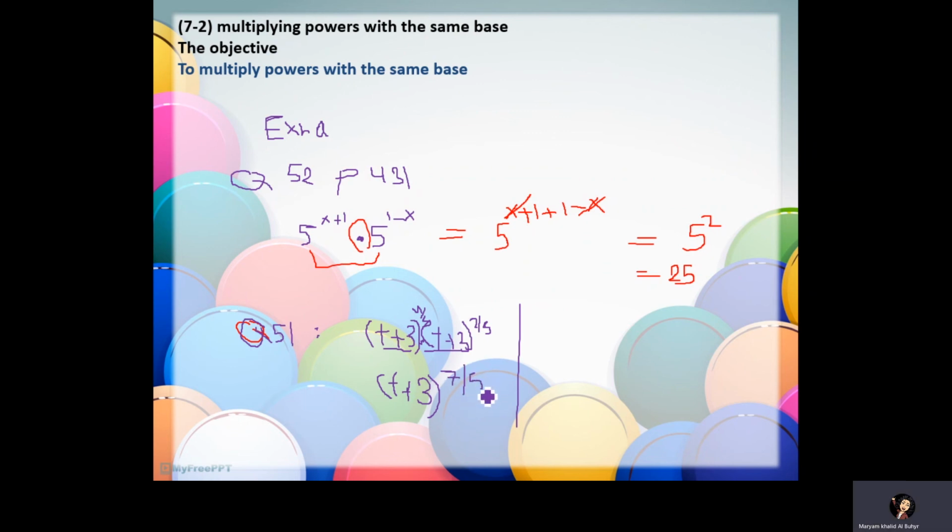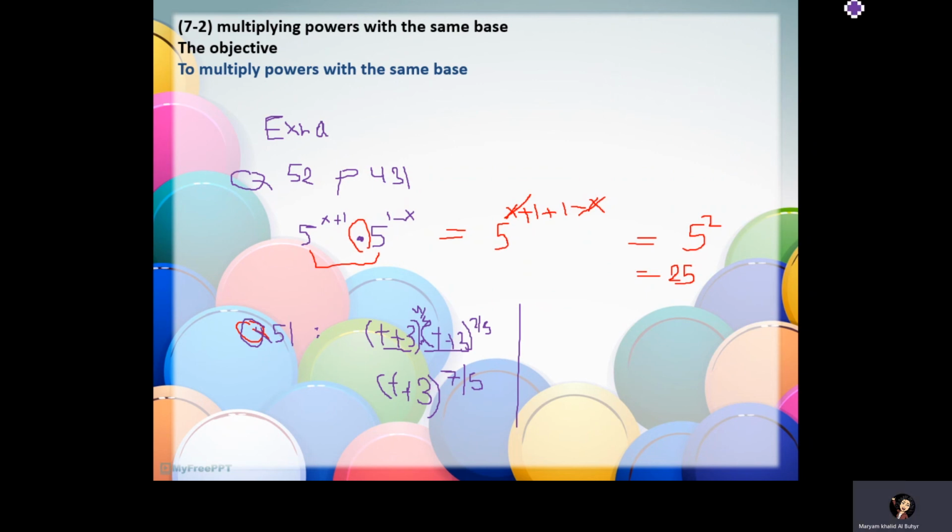Exactly the same idea, but it's just changing a little bit in how the question looks. So same thing for exercise 50, exactly the same idea.